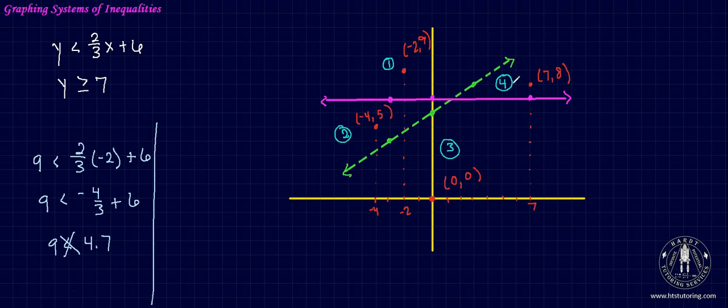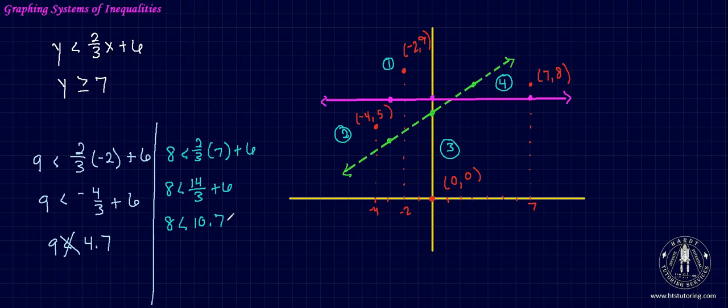So in a different color, let's do region 4. We have 8 is less than 2/3 times 7 plus 6. We have 8 is less than 14/3 plus 6. Then we go to the calculator here, and we get 10.7.